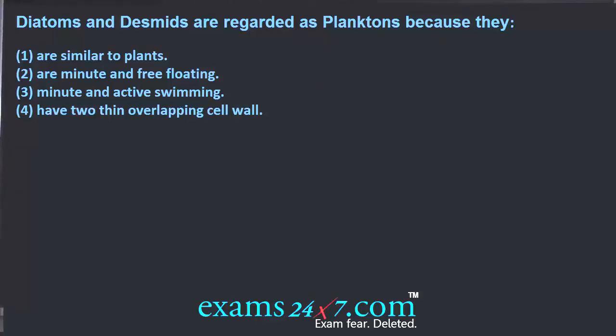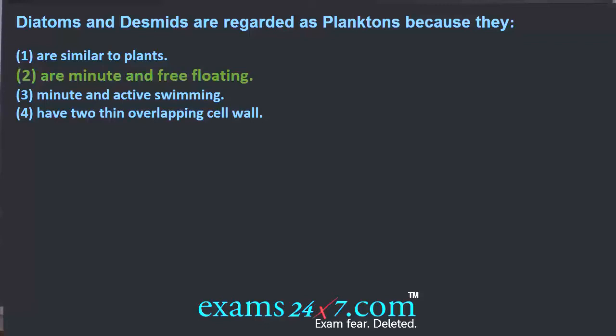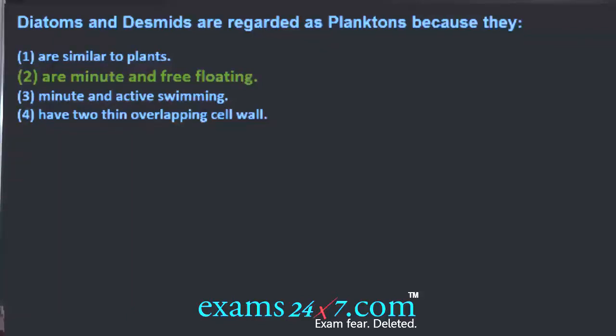Option 3, minute and active swimming. Option 4, has 2 thin overlapping cell walls. Dear friends, remember option 2 and option 4 go with diatoms and desmids. But when we talk about plankton, it goes with option 2. Thereby the answer is option 2. Now we move on to the next question.